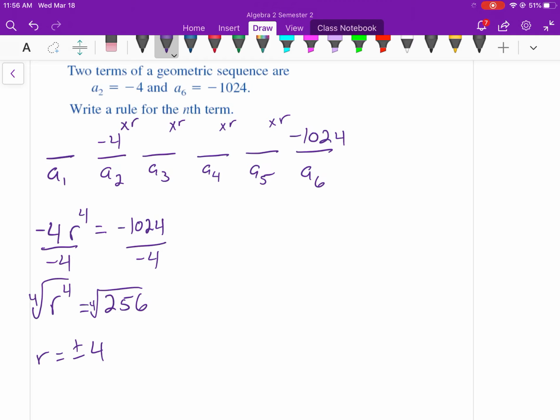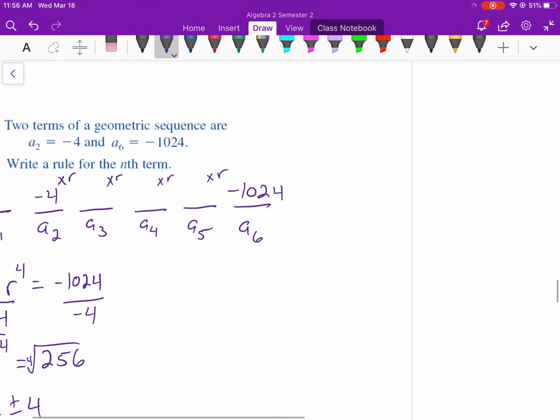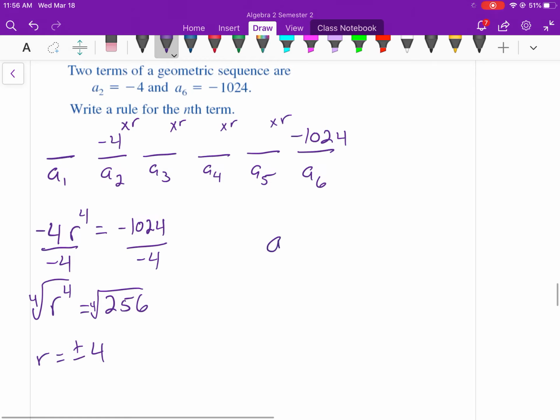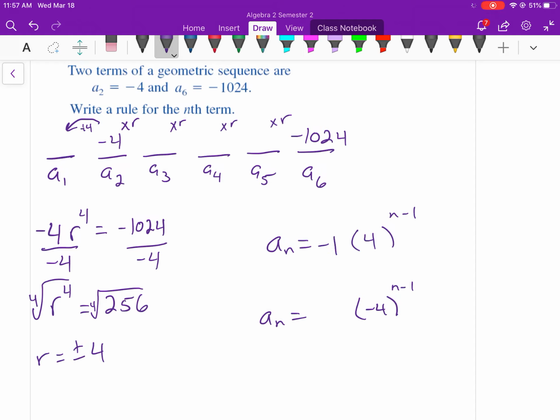Now, either way, we're going to get the rule that follows this sequence. So a sub n, that ratio is either going to be 4 or that ratio is going to be -4 to the n minus 1. Now, depending on which way we go, let's say we use the +4, and I work backwards, meaning we're going to divide by 4, so -4 divided by 4 would give me -1.